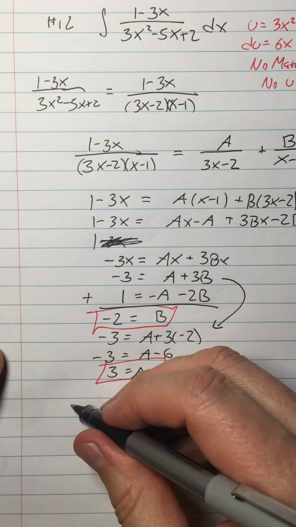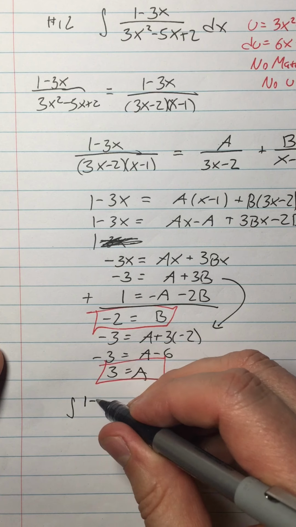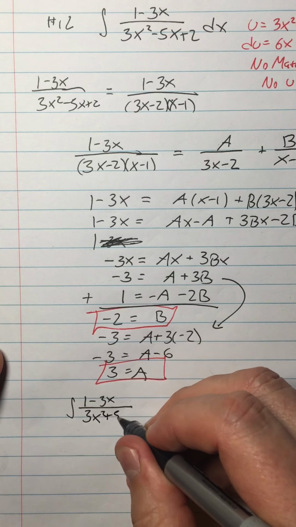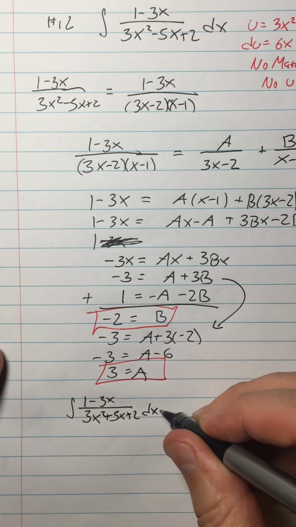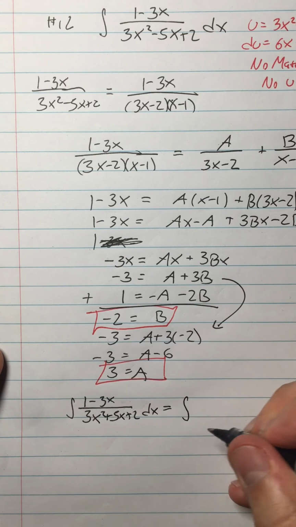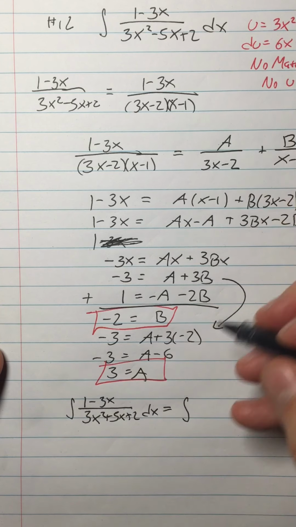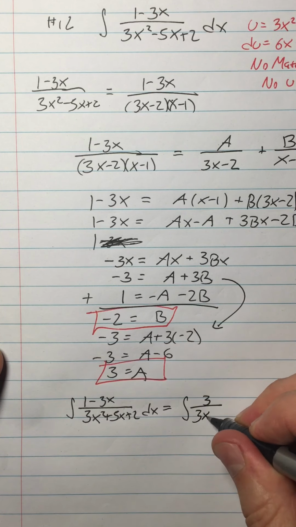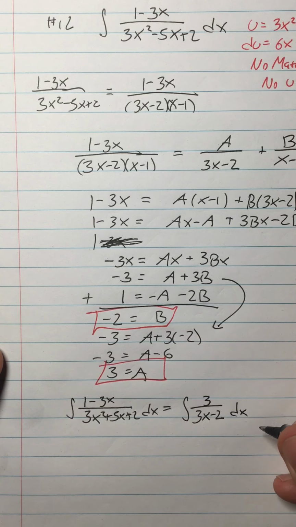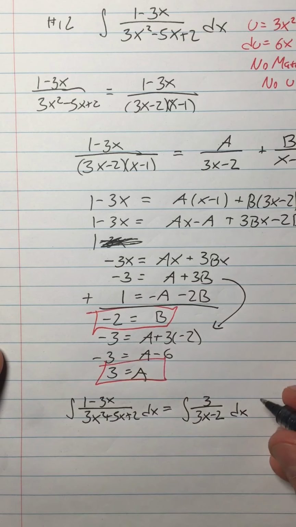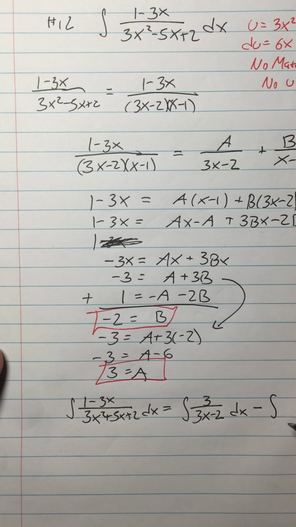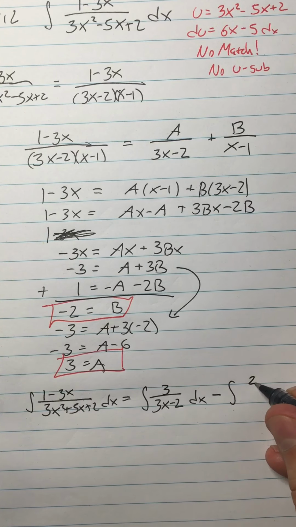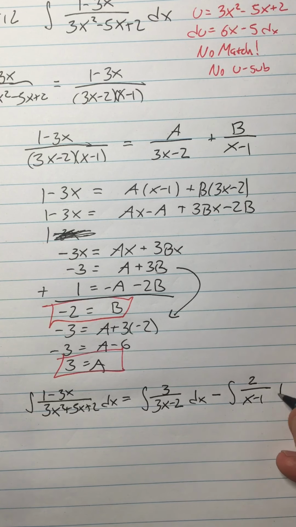I'm going to put that integral back in: the integral of 1 minus 3x over 3x squared minus 5x plus 2 dx is equal to the integral of, you've got to watch which one's A and which one's B, the A goes over the 3x minus 2, so it's 3 over 3x minus 2 dx. And since my B is negative, I'll just put the negative out front. So minus 2 over x minus 1 dx.